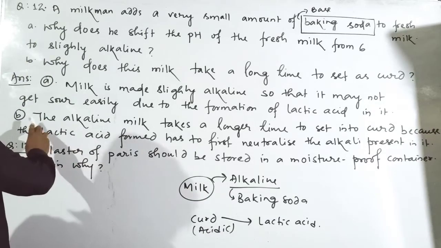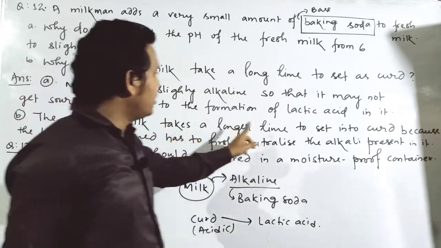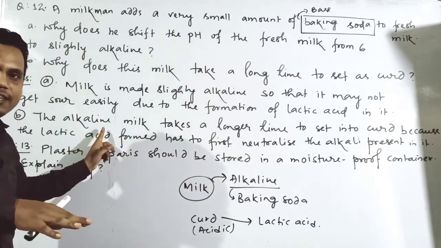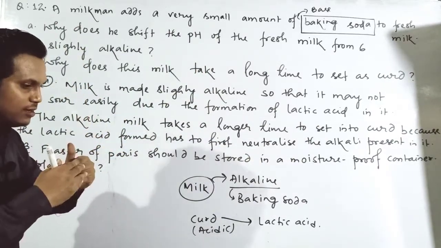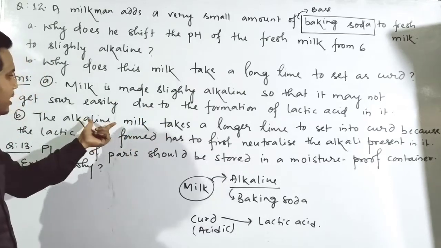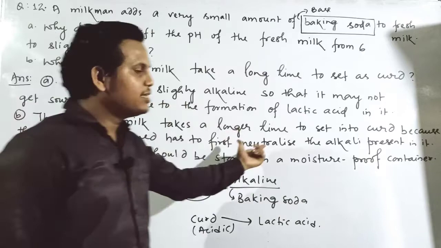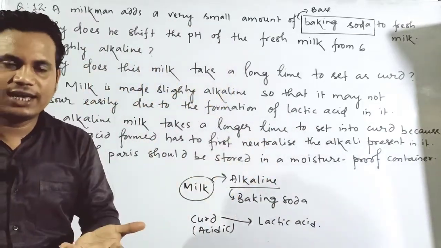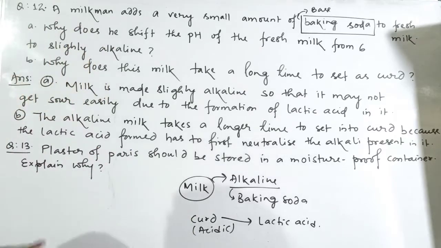So we can say that alkaline milk takes a longer time because it is basic, and curd is acidic. The lactic acid present will neutralize this alkali. When the alkali, meaning the base, is neutralized, only then will it become acid.